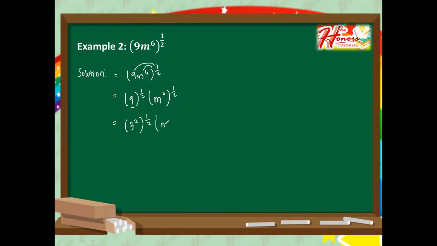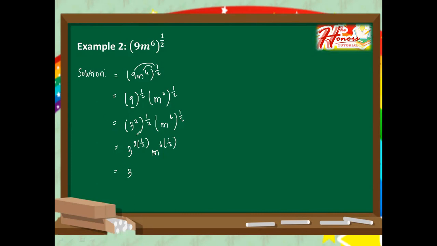And then let's copy m raised to 6 raised to 1 half. And then for the exponent, since we have here the exponent inside and outside the parentheses, we have to multiply them. So we have here 3 raised to 2 times 1 half and m raised to 6 times 1 half.